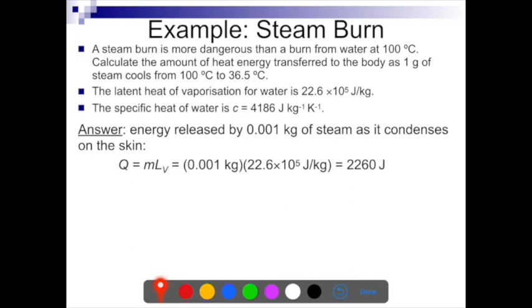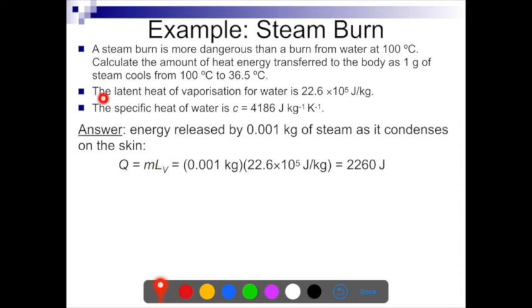So the equation we need to use is Q equals mL. And that will be latent heat of vaporization because you're going from steam to liquid. Okay, m is the mass of the object that's undergoing phase change. In this case, it's the mass of steam that's undergoing phase change. So that will be 0.001 kilograms.